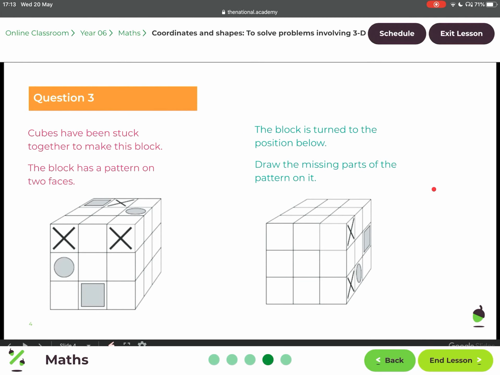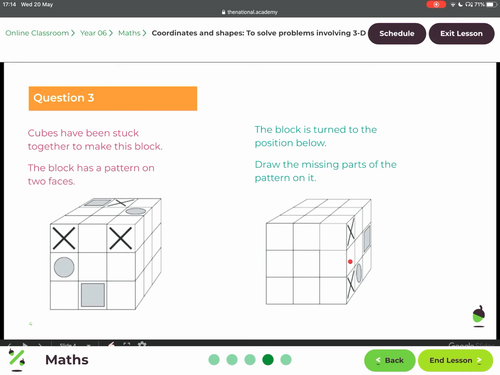Question 3. Cubes have been stuck together to make this block. The block has a pattern on 2 faces. The block is turned to the position below. Draw the missing parts of the pattern on it. So this circle here, this one would be here. This circle would be here.